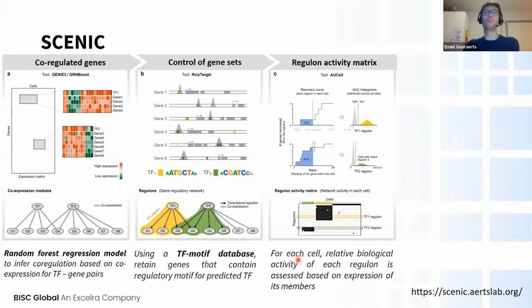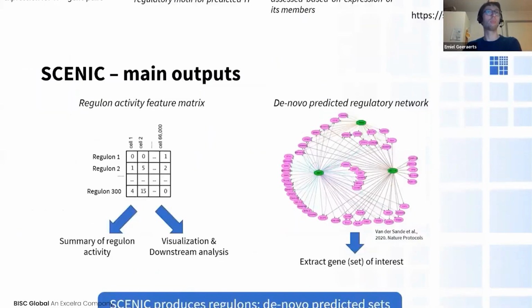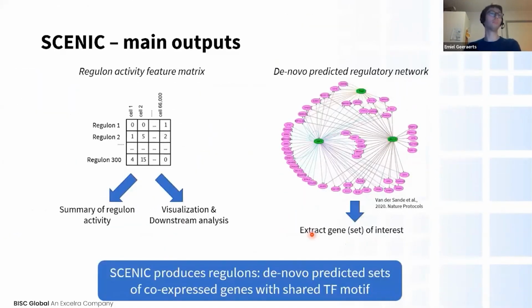If you do this for all genes and all regulons, you get, again, a matrix, which is quite similar to the count matrix, the columns being the cells and the regulons, and the regulon activity scores being the rows. So these are the main outputs of your SCENIC tool. This is the regulon activity matrix.